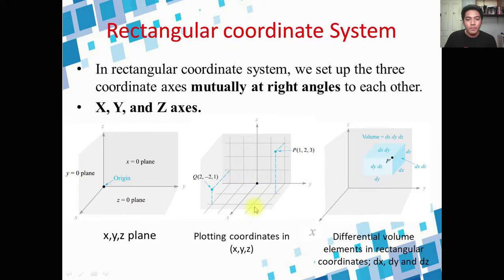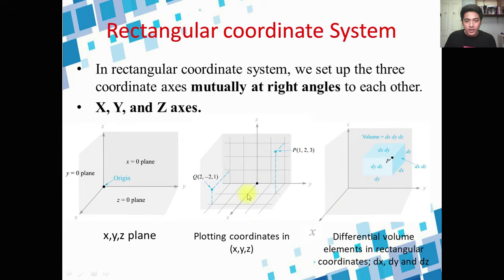So, plotting coordinates. It is very simple to plot coordinates for x, y, and z. It is also similar to when we are plotting points in x, y. For example, let's try to plot the point (1, 2, 3). So 1 positive unit from the origin along x, this is 1, then 2 units along y.